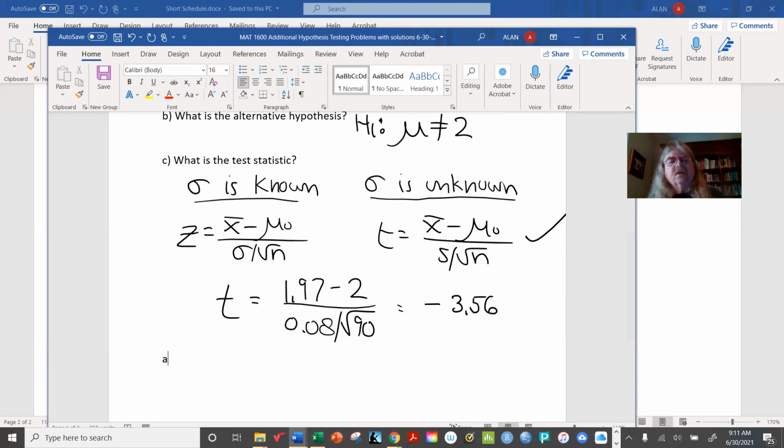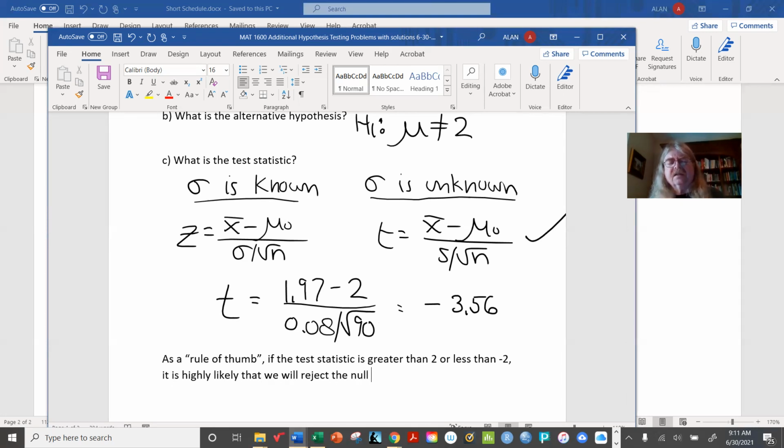A rule of thumb is just a quick way of looking at a problem. If the test statistic is greater than 2 or less than -2, it is highly likely that we will reject the null hypothesis.